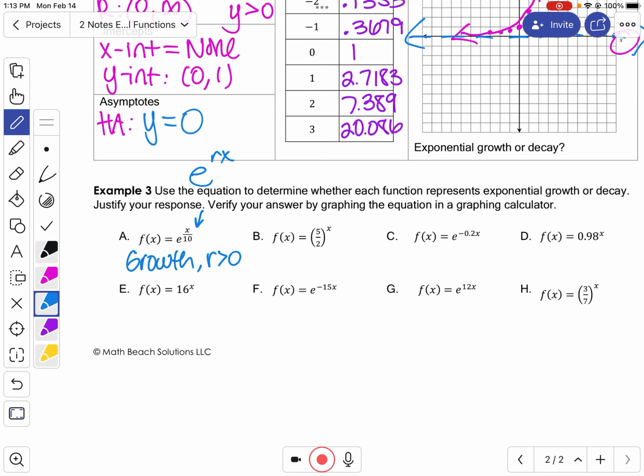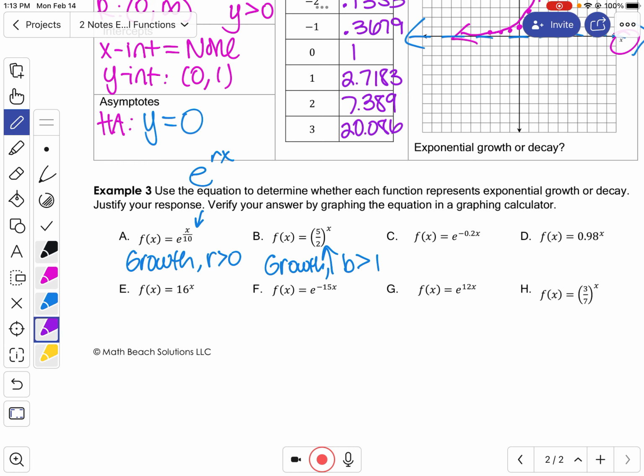The next one, since it doesn't have an e in it, we're looking at just the base. Notice the base is greater than 1, because 5 over 2, that would be 2.5. So that means it's a growth.